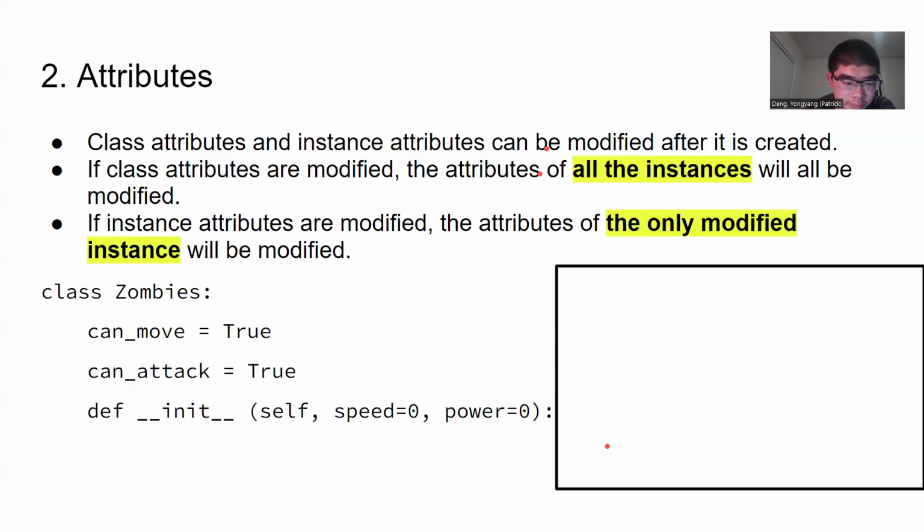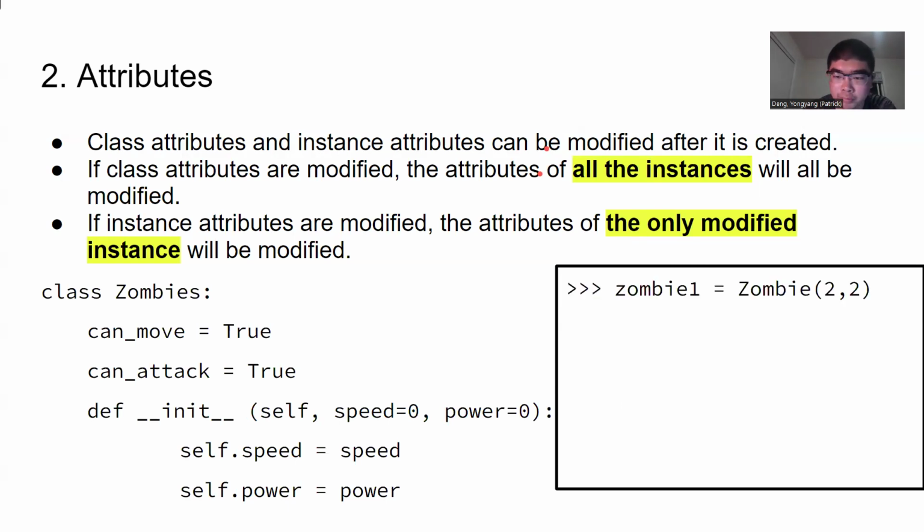So suppose I have this class program. Say the zombie one is zombie 2 2. Yeah, this is one zombie, and the other zombie is zombie 2 3. So zombie1.speed = 4. I want to change that from 2 to 4. Yeah. Notice the equal sign means assign.